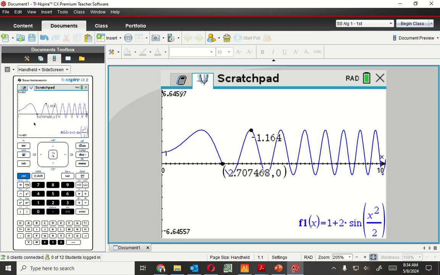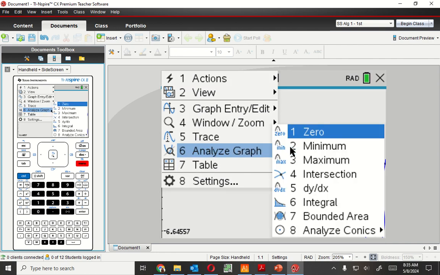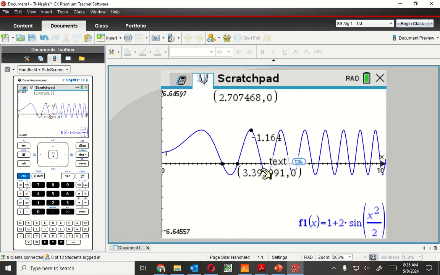Menu, analyze graph, 0, and let's see what this other one is. That one is beyond 3. So I'm just looking from 0 to 3.